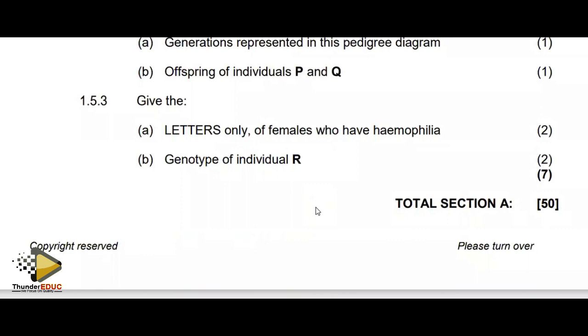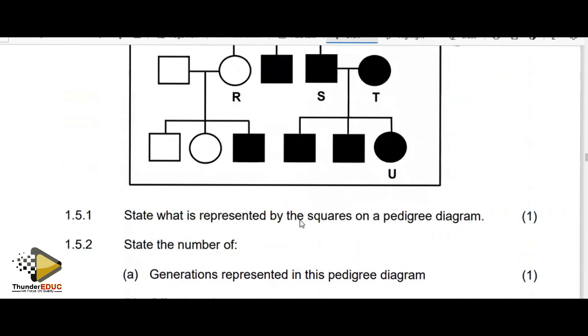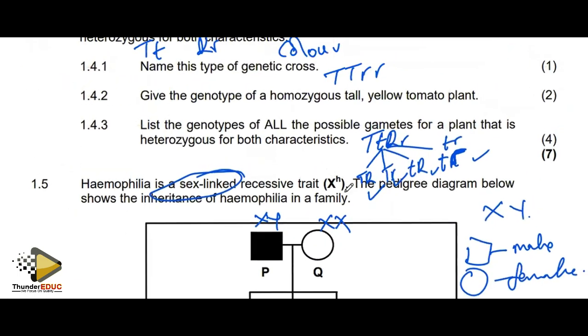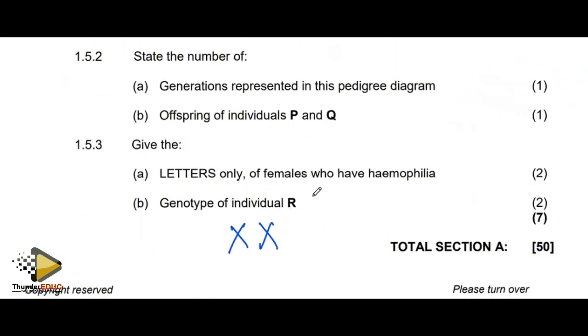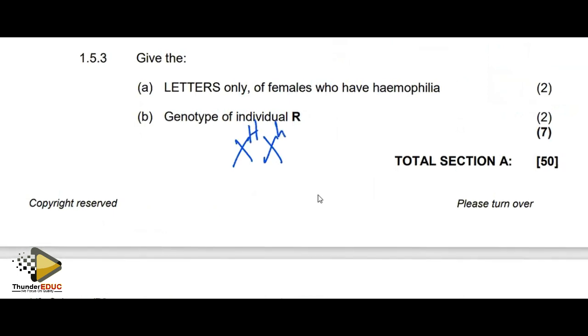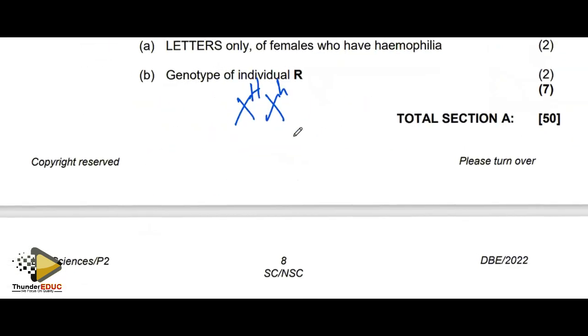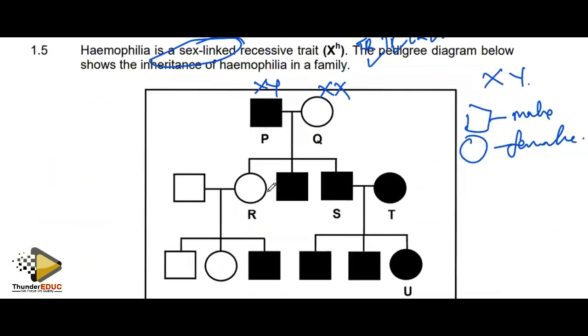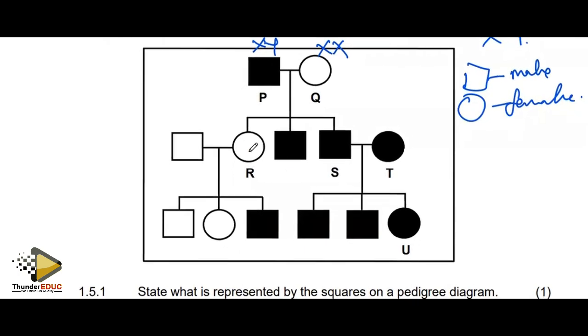Since it is sex-linked, because they mentioned it, I'm going to start with X and X because it is a female, and hemophilia is caused by a recessive allele which is put on the X chromosome. So for normal it's capital H, and then small h. Why? Because this person is heterozygous, a carrier who carries this recessive.